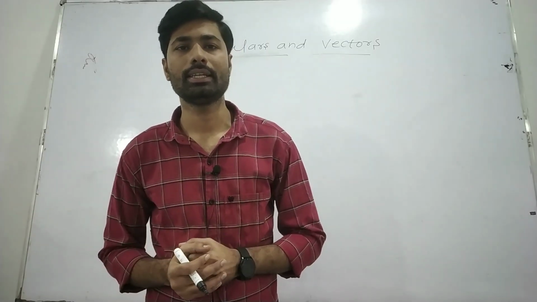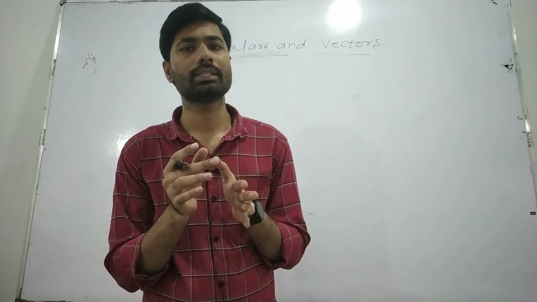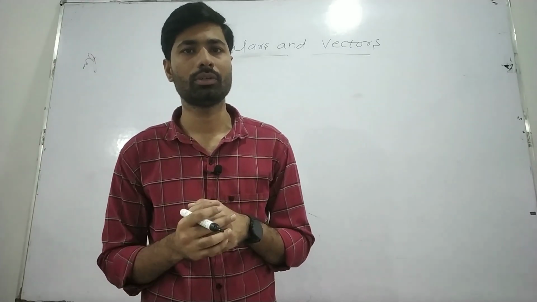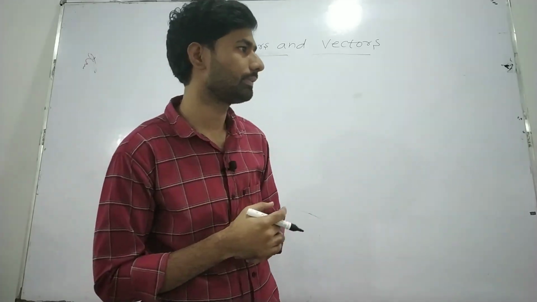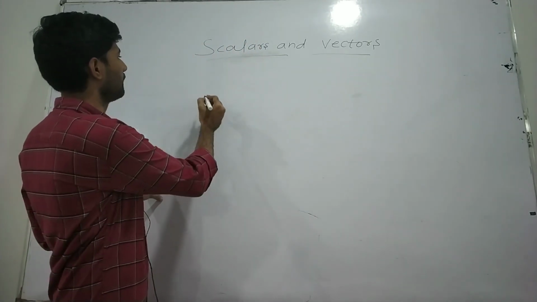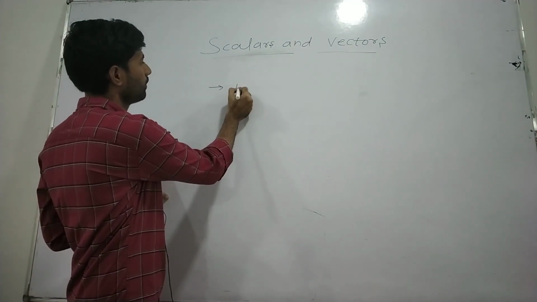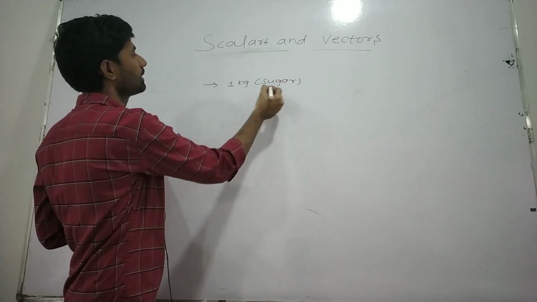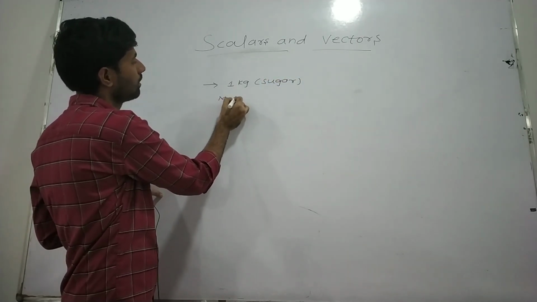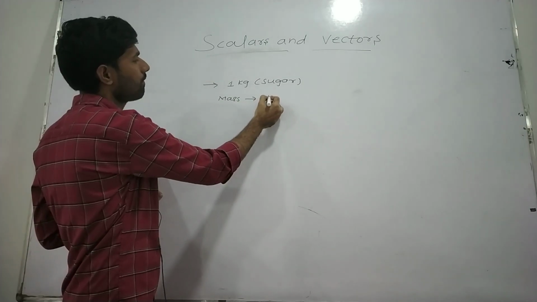Now a physical quantity which has only magnitude is known as a scalar quantity. For example, if you take 1 kilogram of sugar, we are specifying the mass of sugar in terms of 1 kg.